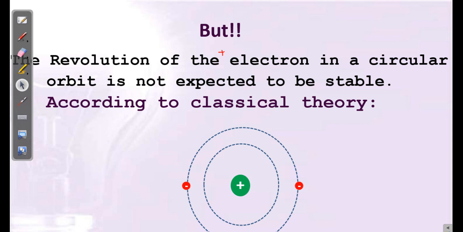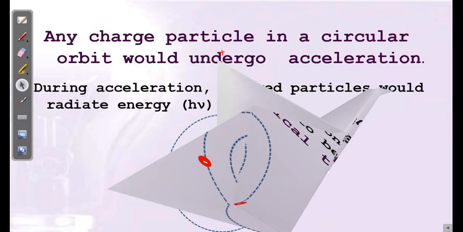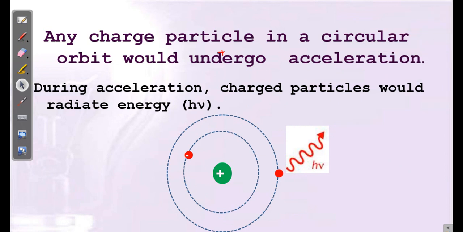The classical theory says that if a charged particle continuously moves in a circular orbit, then the acceleration of the charged particle results in a decrease in the energy of the electron. It means the electron would radiate its energy, meaning the electron would lose its energy.